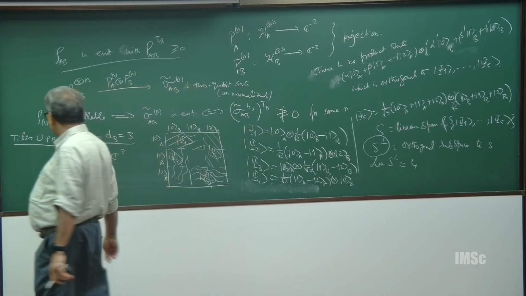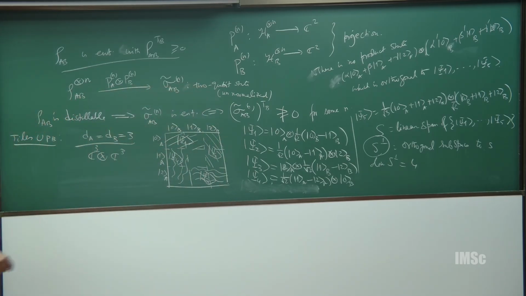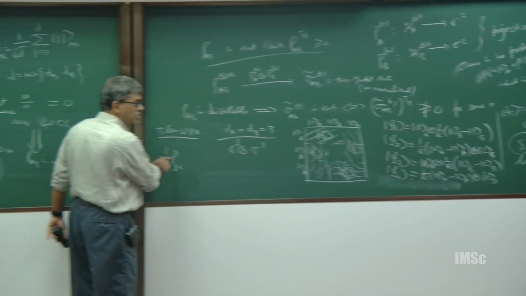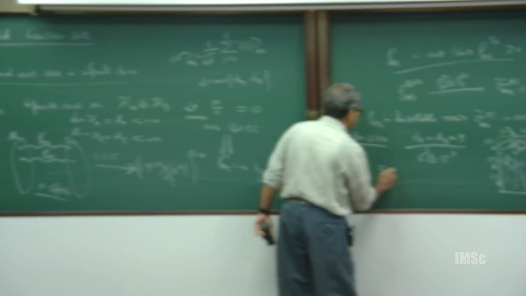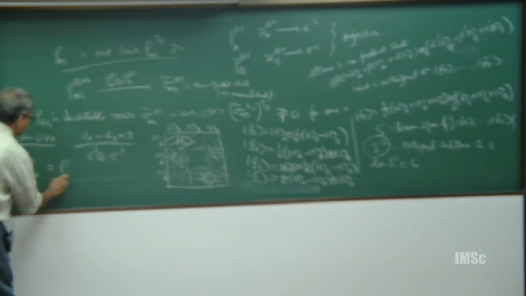And so, if I take 1 by 4 times the projection on this S perpendicular, that means I take the projection on this 4 dimensional subspace, and let me call it rho bound.